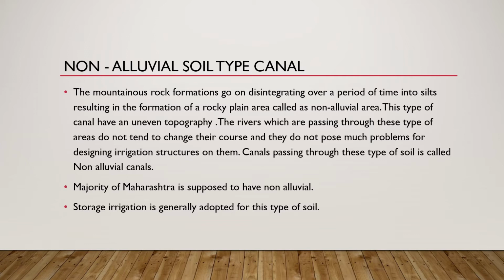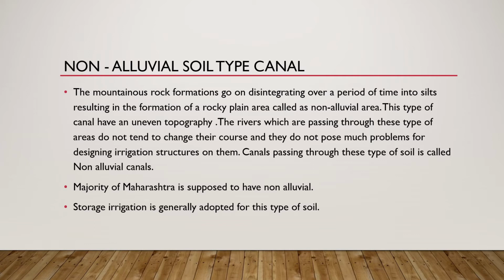You know what weathering actions are? Rainfall, heavy wind flow, earthquakes or plate movements in that area cause the rock formation present there to disintegrate throughout its entire lifespan, continuously forming silts, and resulting in the formation of a rocky plain area.